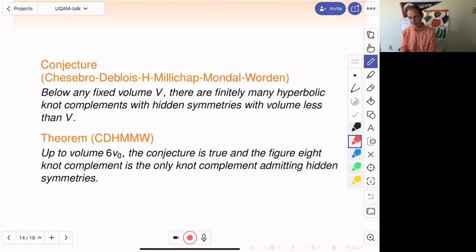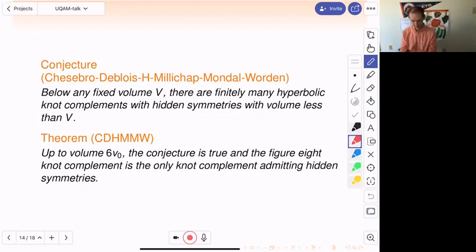We could ask, instead of the full Neumann and Reid conjecture that there are only just 3 of these things, for something slightly lighter. This is an intermediate conjecture that came out of joint work with Eric Chesebro, Jason DeBlois, Christian Millichap, Priyadip Mondal, and Will Worden.